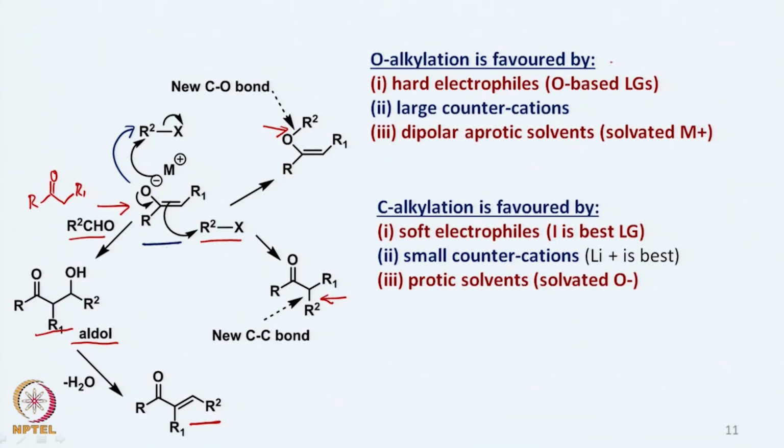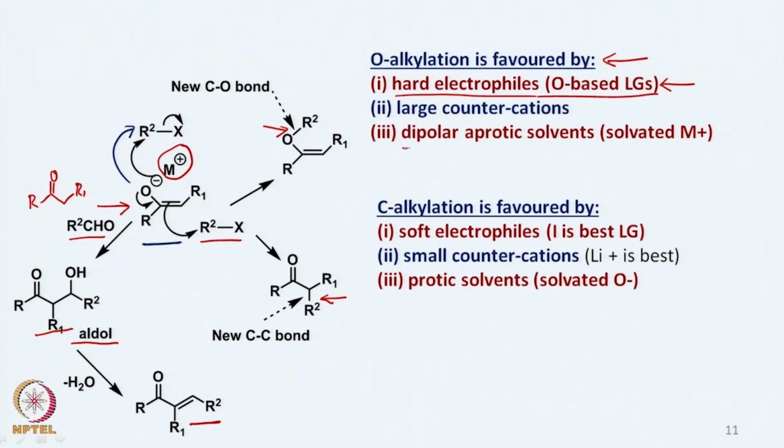Now O alkylation is generally favored by hard electrophiles where oxygen based leaving groups are there. This is the leaving group, or you have a large counter cation. So this particular M plus should be large. If we have a large counter cation, then of course the charge is separated, and therefore the negative charge can attack directly onto the particular electrophile.